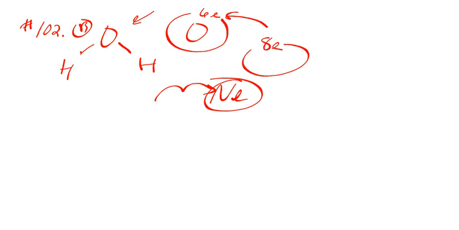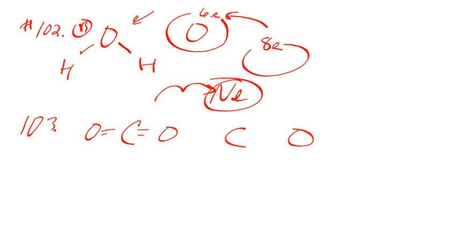103. Molecule with a single covalent bond is? Well, let's see. CO2 cannot have a single covalent bond because you have at least that, and that's what it ends up being when you do the whole electron need and have. You're going to go to CO. Well, how does that work? C has 4 electrons. Oxygen has 6.